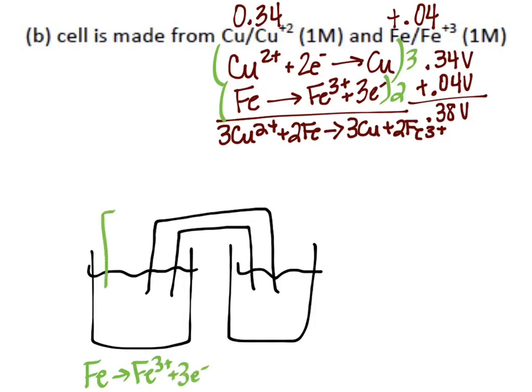And we have our solid iron here. So this is Fe. In our solution we have what? 1 molar Fe3 plus.